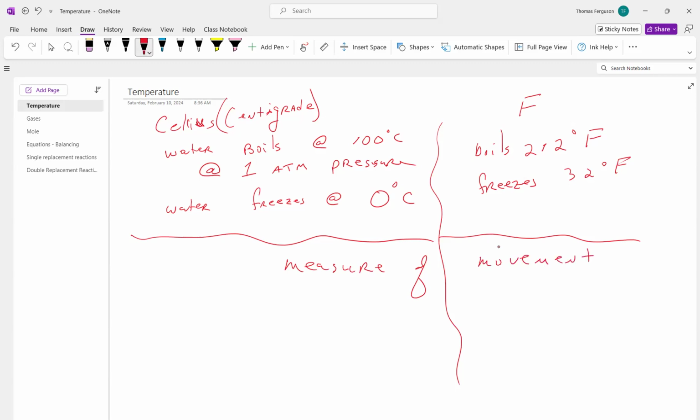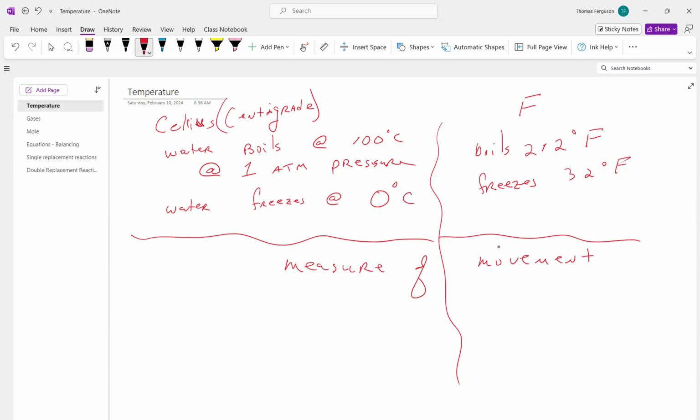Okay, so temperature is a metric for measuring the kinetic energy of an atom or molecule. It's not heat. It's a measurement of movement. And heat is manifested as motion.